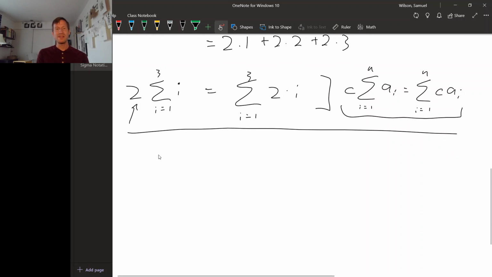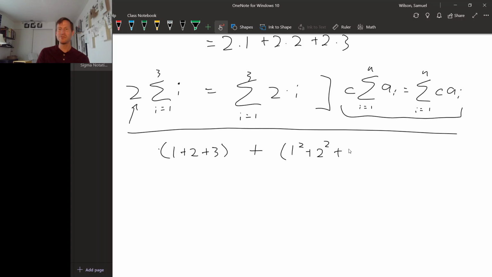Here's another pattern that sigma notation follows. So suppose we have two sums, so maybe 1 plus 2 plus 3 plus, say, 1 squared plus 2 squared plus 3 squared.